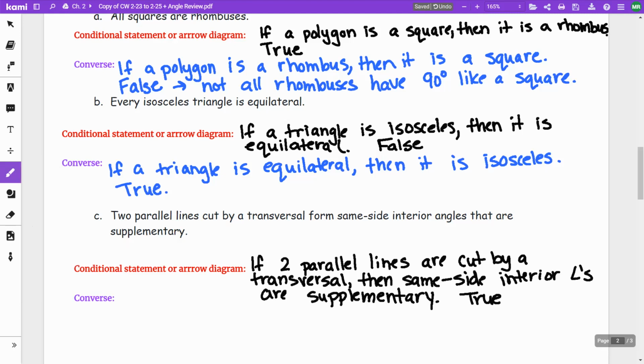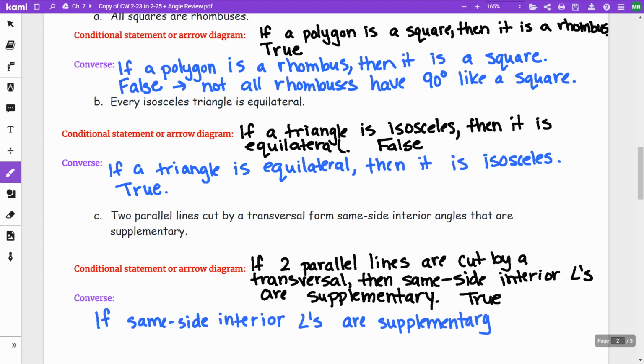Now, the converse: if same side interior angles are supplementary, then the two lines cut by a transversal must be parallel.